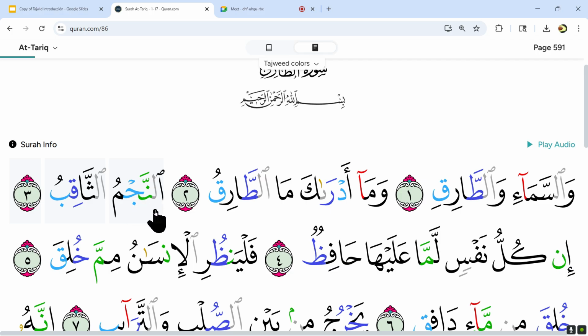But you want to sound it like an-najmu. You don't want back and forth. You don't want to say it wrongly, because it might be incorrect at that point, right? So an-najmu, an-najmu. Yeah, it's a little bit tricky.